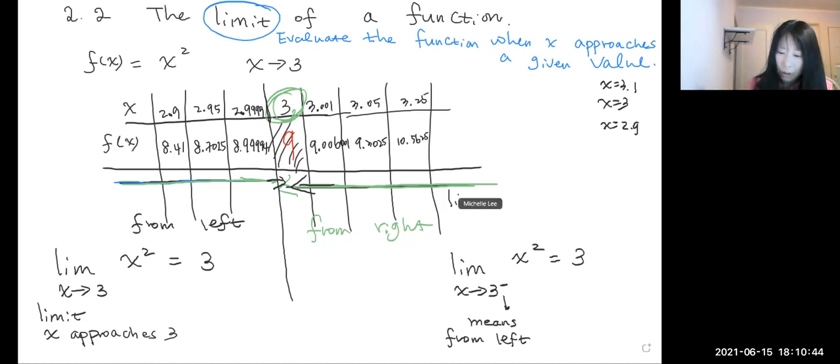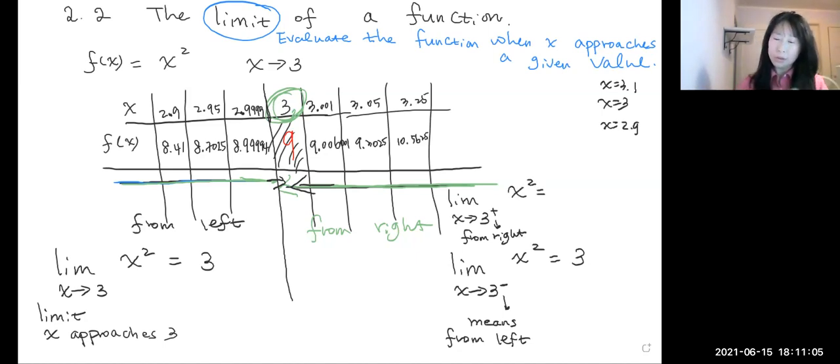How about the right? We denote from the right this way. So this means from the right. So the function gives also 9. Since they match, the number from the left is 9, I'm sorry, it's 9. Why did no one say anything? Oh my goodness, it's 9, right?